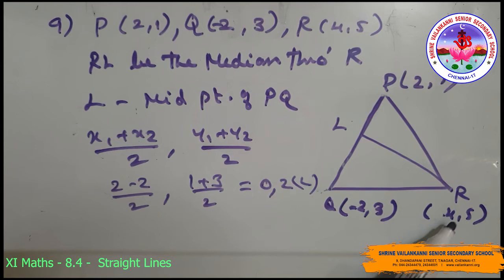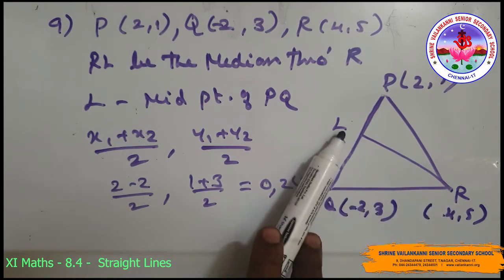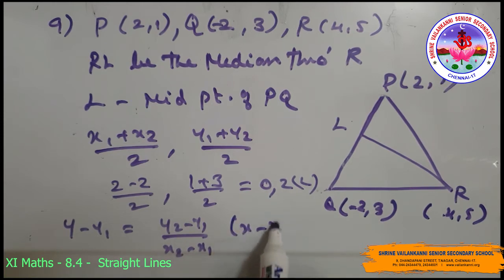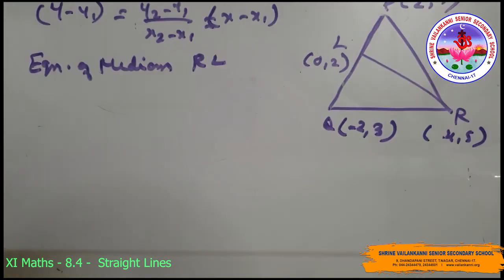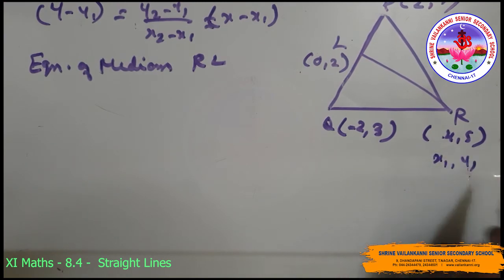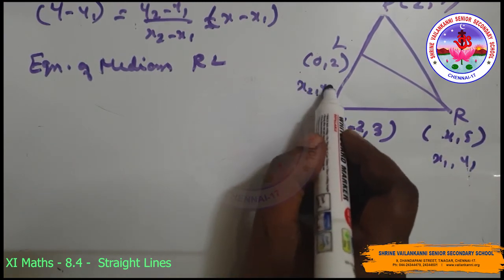Now we have to find the equation of the median RL using the two-point form, that is y minus y1 equal to (y2 minus y1) by (x2 minus x1) into (x minus x1). Here R is (x1, y1) and L is (x2, y2).